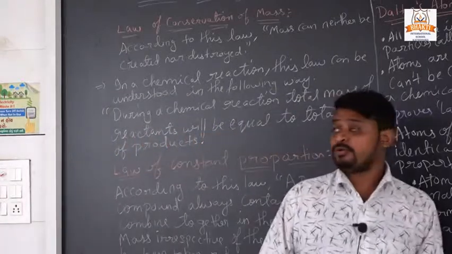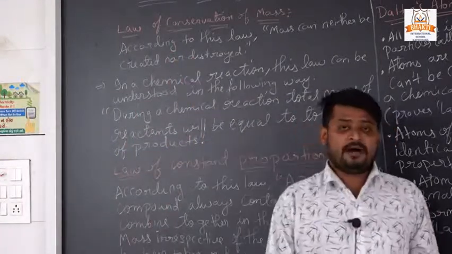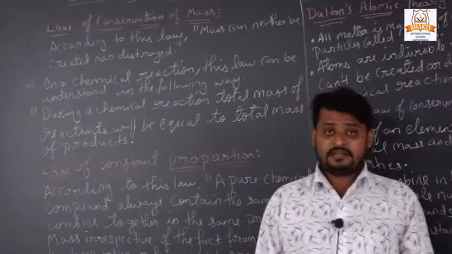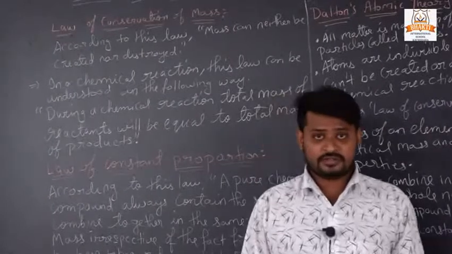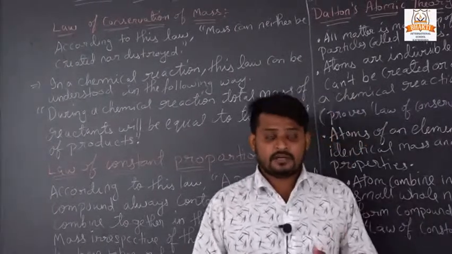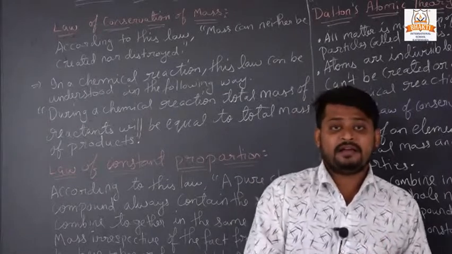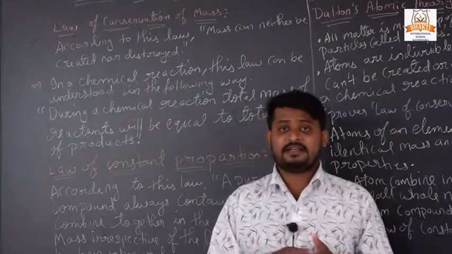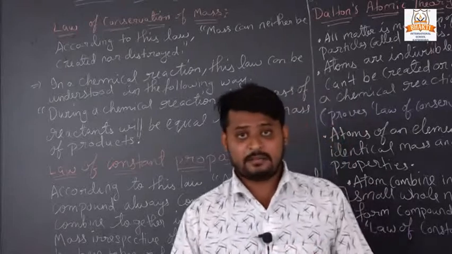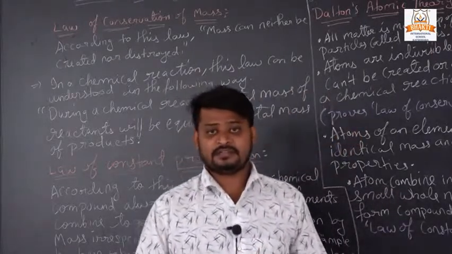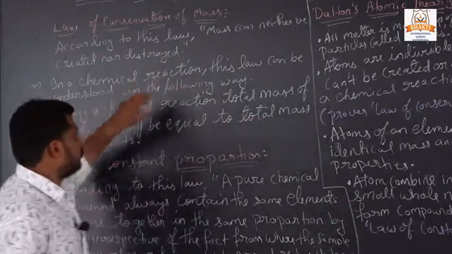Because of the law of conservation of mass, which says that mass can neither be created nor destroyed. So when we are doing chemical reactions, the elements must have the same atoms on both sides. That's why we have to balance the equation because of this law.